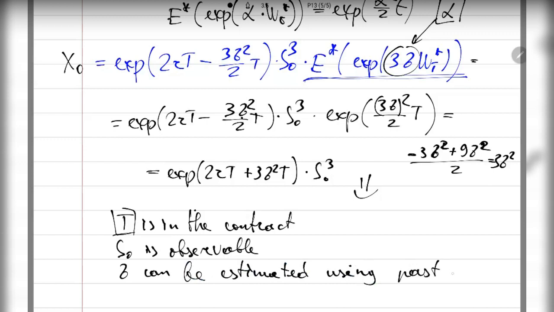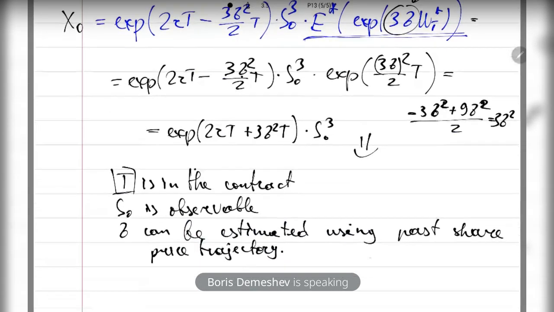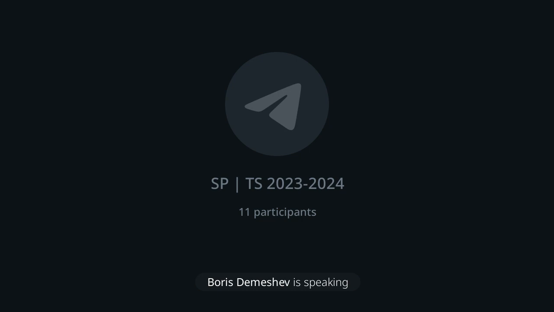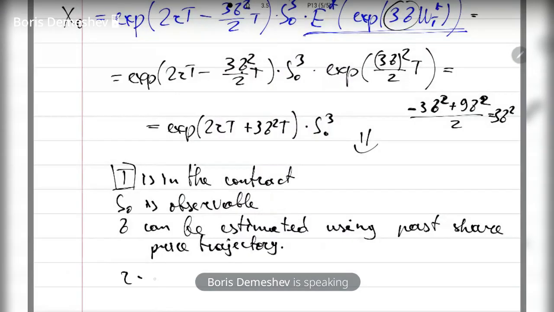So that's not written in the contract, but it can be estimated, and R is a riskless rate.